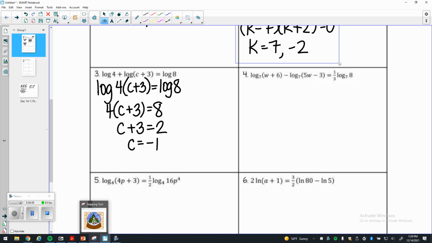This is one where you're going to want to plug it in and make sure. Now, can you use your calculator for this one? Yes, this is log base 10. So what you'll do is you'll hit the log of 4 plus the log of negative 1 plus 3. So plug it in. The more you practice, the easier it gets. Did you get 0.903?